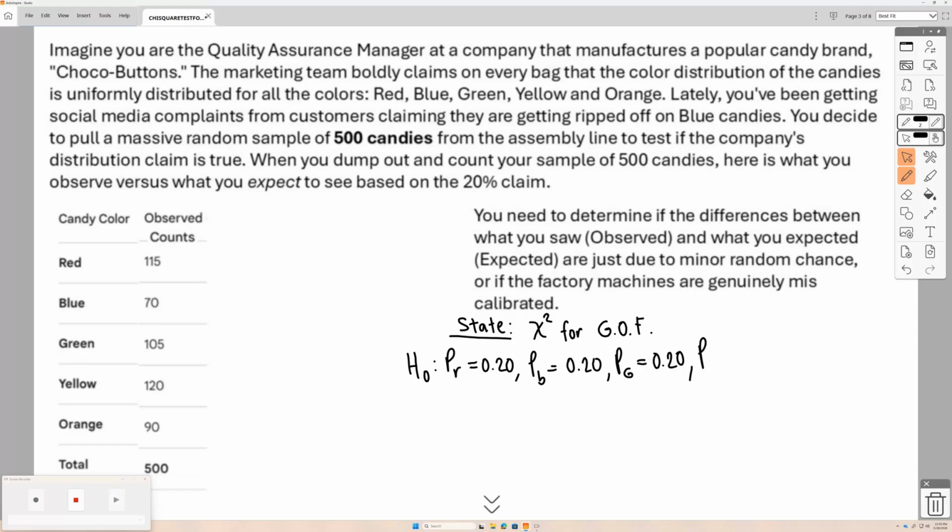Alternative hypothesis: the proportion of blue color differs from 0.20 and any other color proportion is different than 0.20 as well.